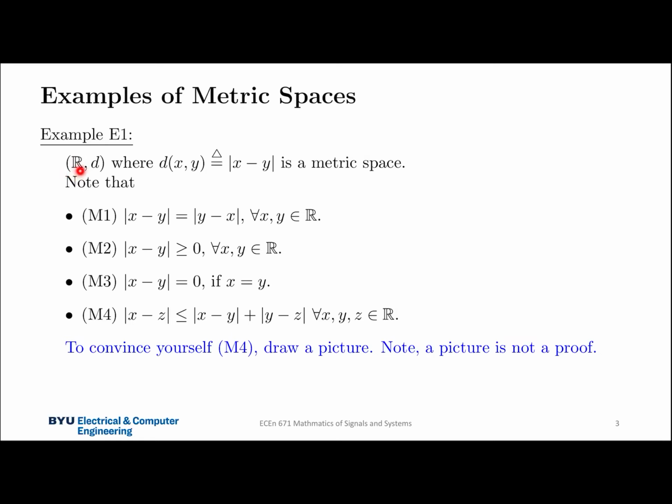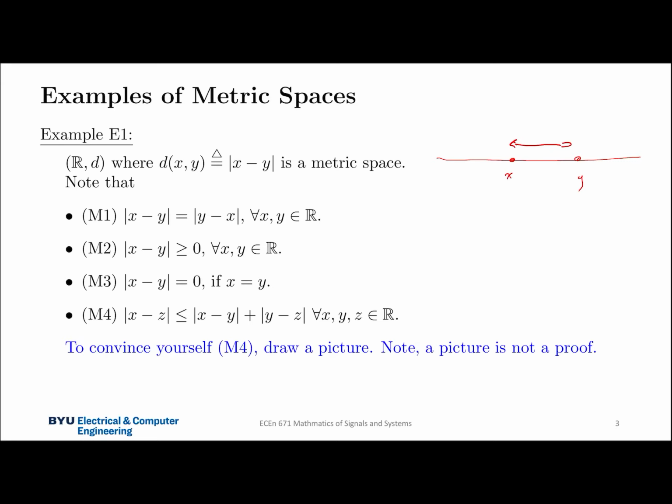The set is the real numbers, and the metric is just the absolute value of the distance between those two points. So again, we're on the real line. Here's x, here's y, and this distance doesn't matter whether x is less than y or y is less than x. That is the metric.